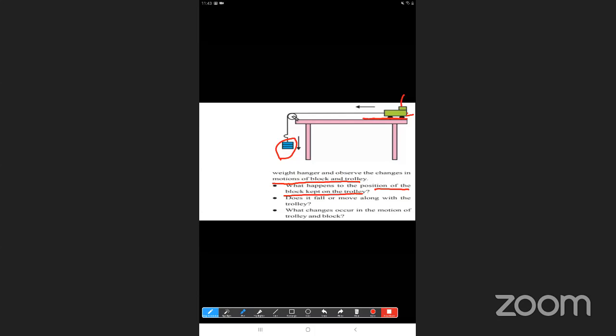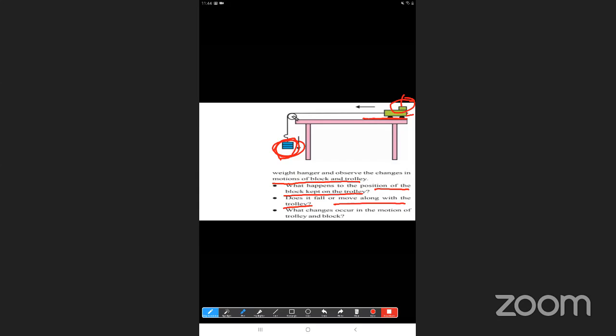So they move slowly with the adding of weights. Now, does the block fall or move along with the trolley? Here we can say simply yes.